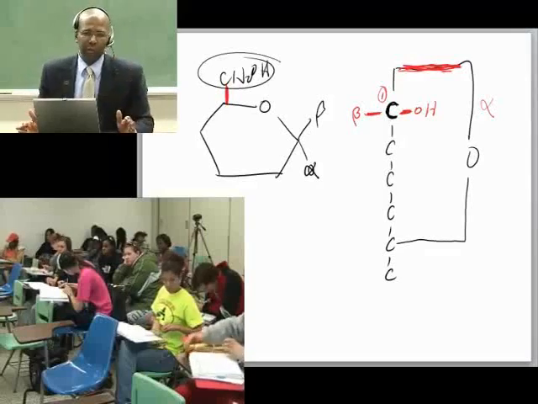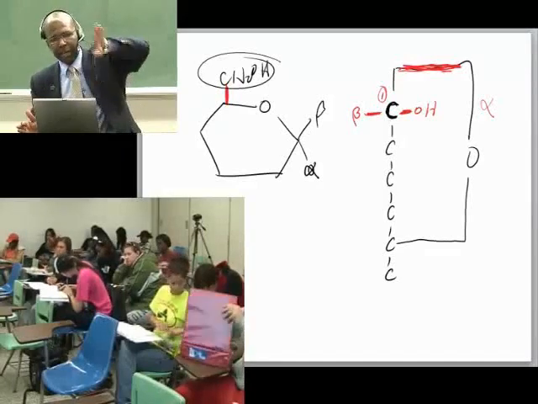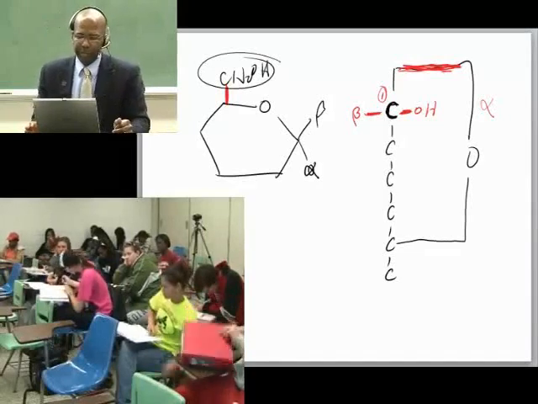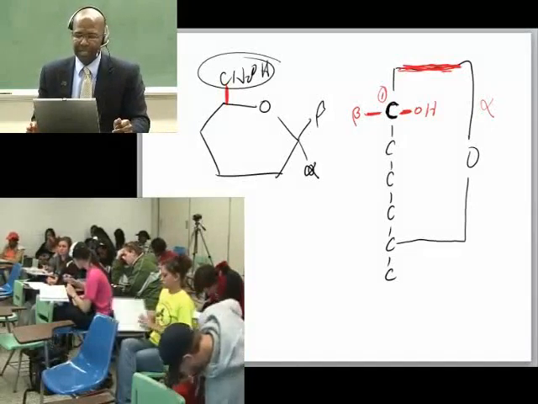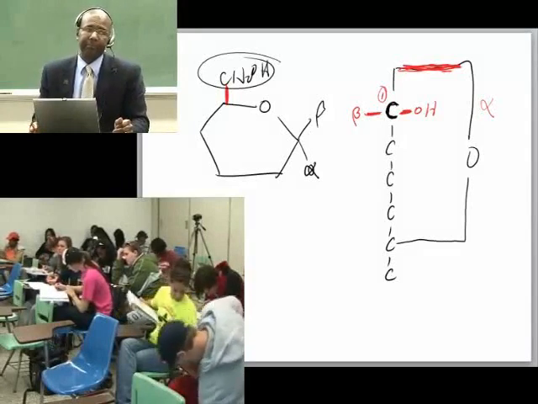I guess when we were going over in lab, if you would have noticed that, it's going to make itself go up when it flips around. So that makes it D.